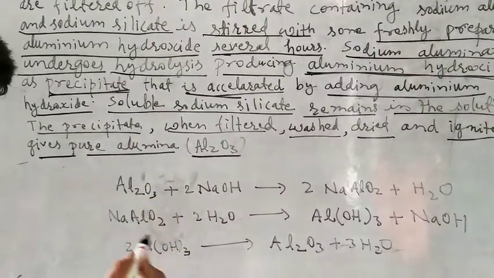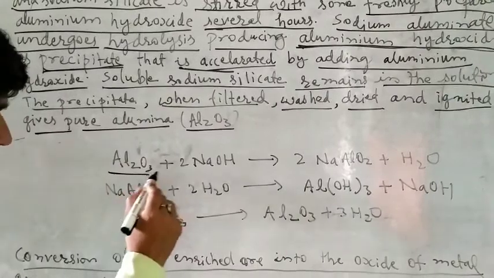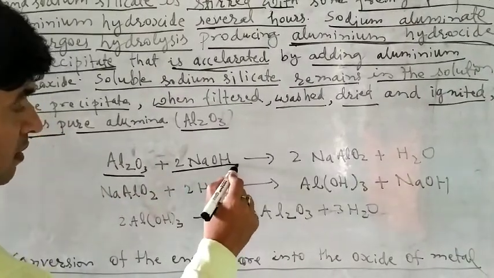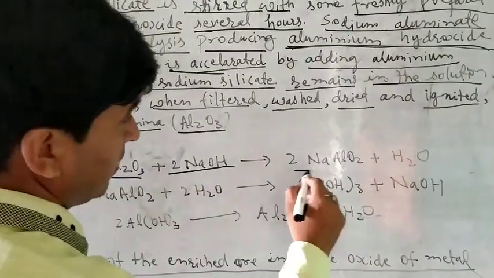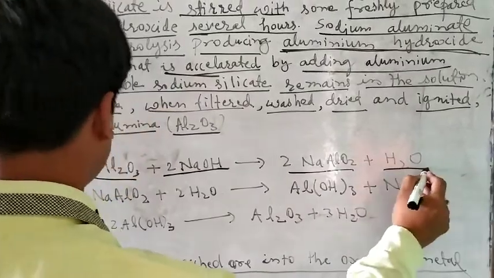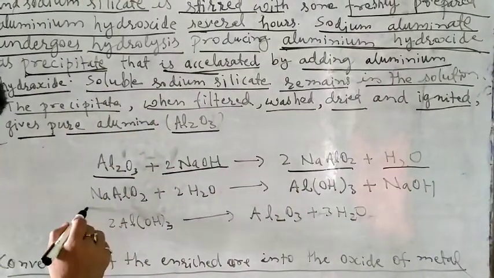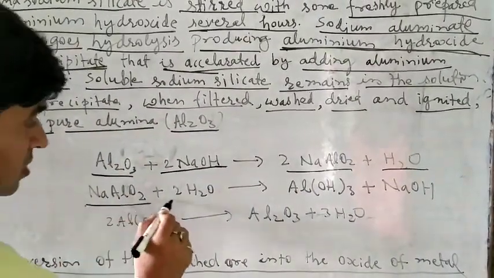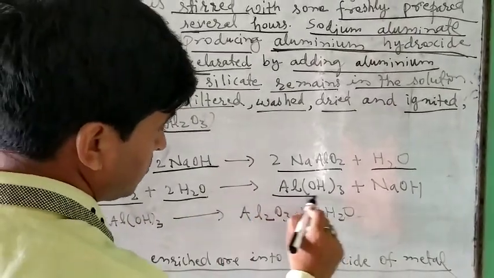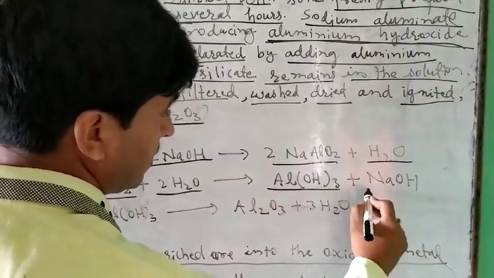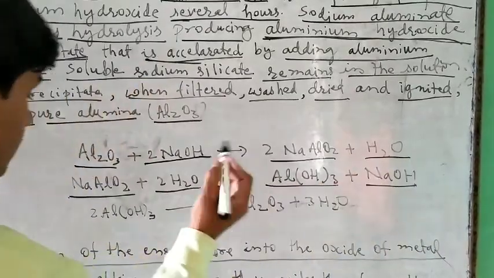Now, what is the reaction? Alumina, when reacted with sodium hydroxide, gives sodium aluminate and water. On hydrolysis, sodium aluminate reacts with water and forms aluminium hydroxide and sodium hydroxide.